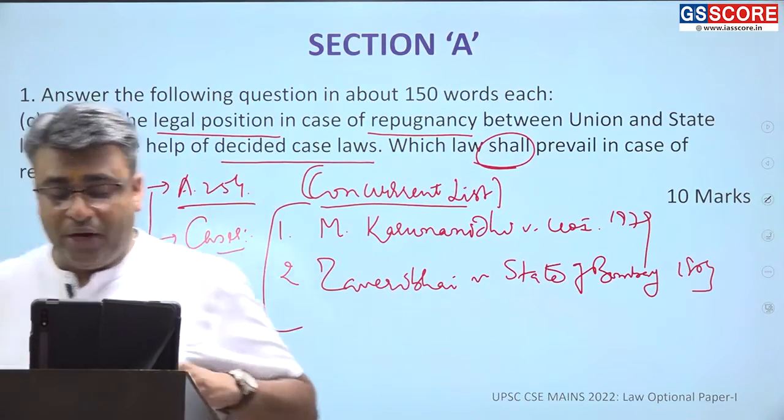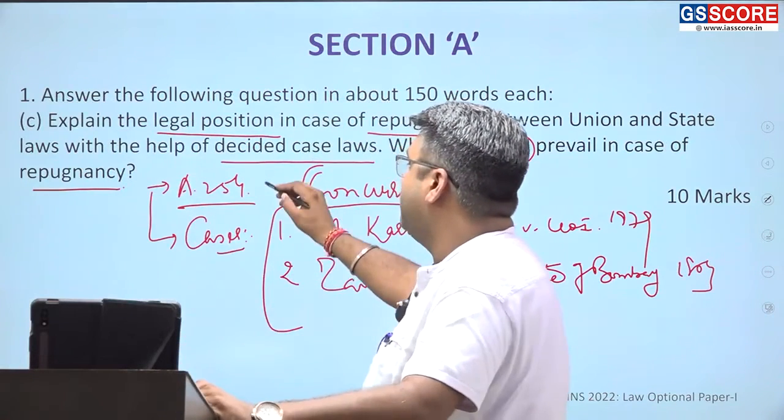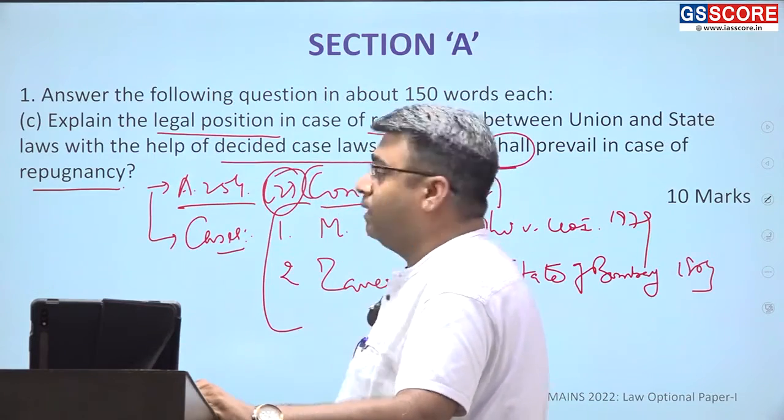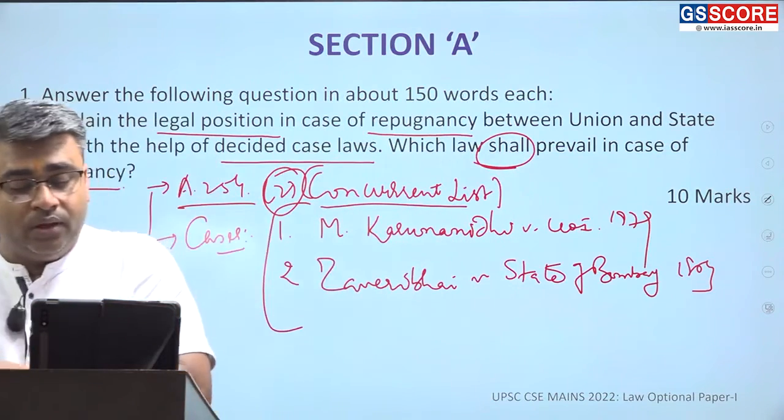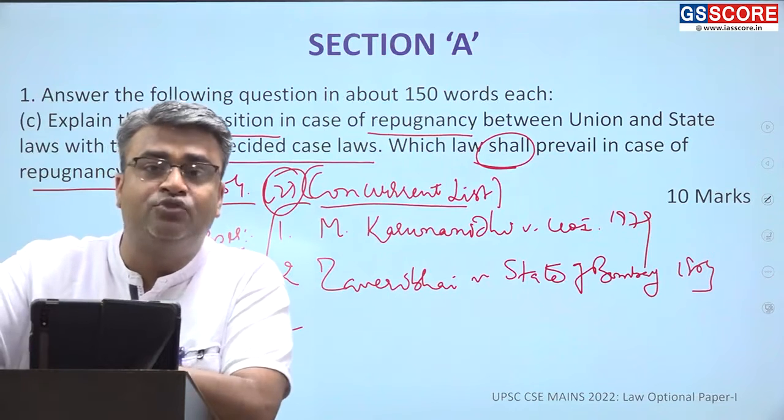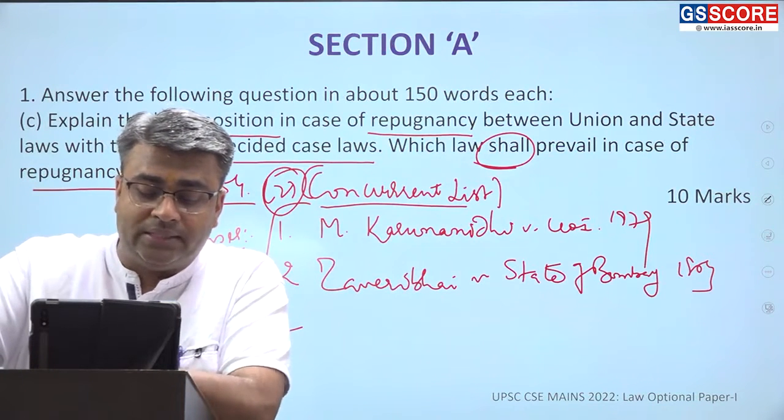And one of the interesting points which all of you should focus upon is Article 254 Clause 2 as well. Because it says the above rule of repugnancy is actually subject to an exception.